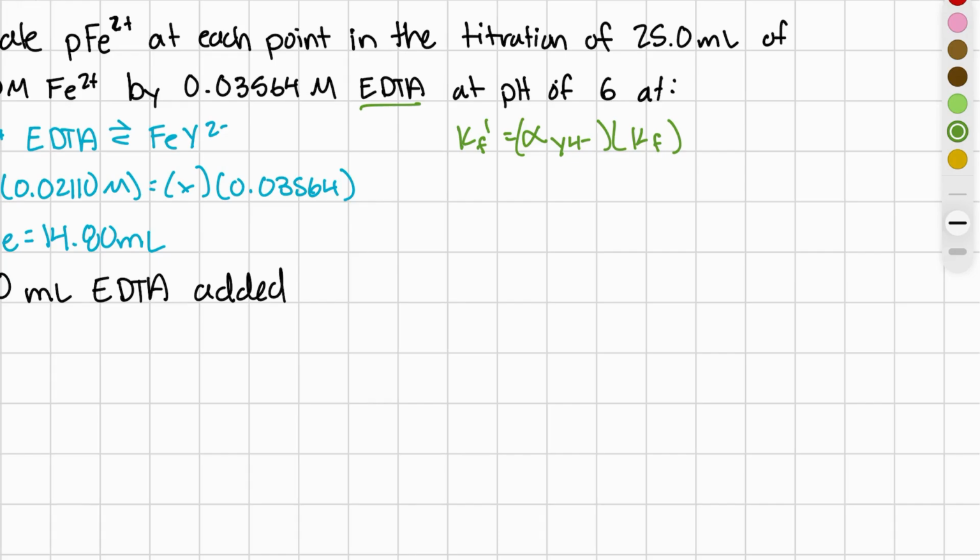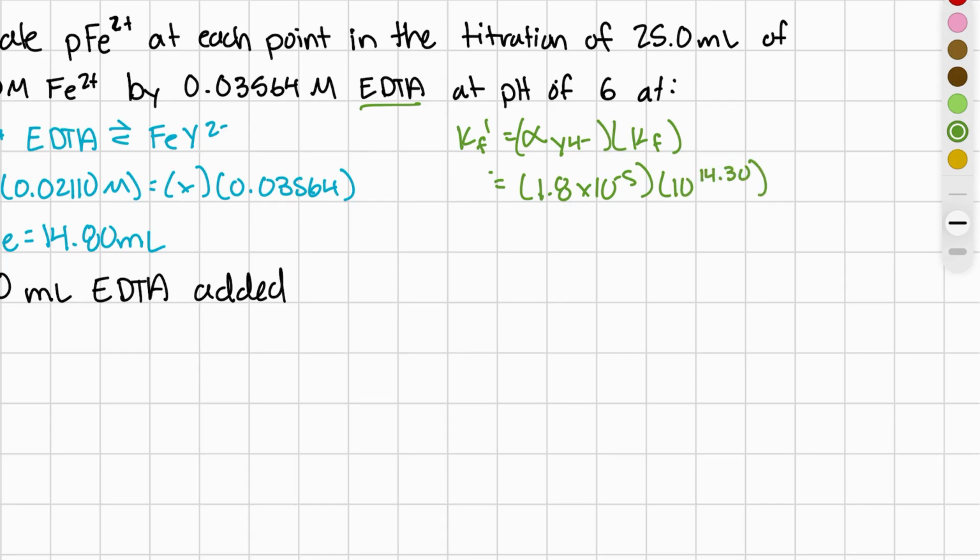Okay, so these values are going to come from some tables. So we know that the alpha Y4- is 1.8 times 10 to the negative 5, and this comes from table 12, and it's specifically at a pH of 6. And then the next one, this Kf is going to be 10 raised to the 14.30.